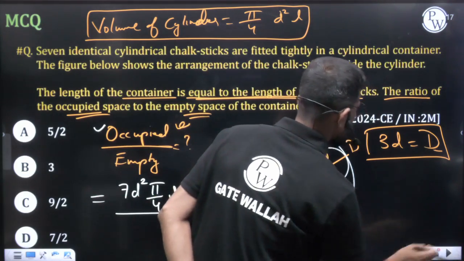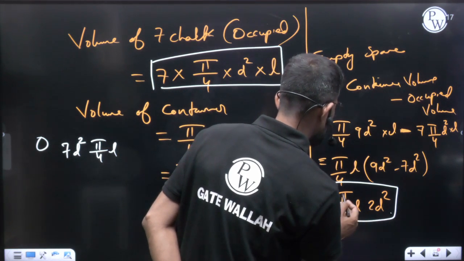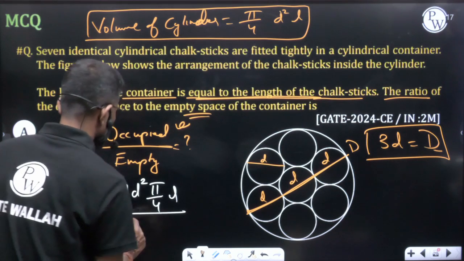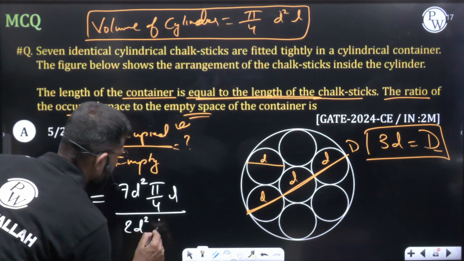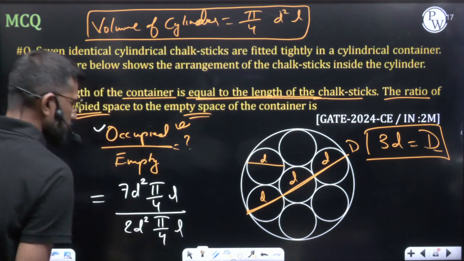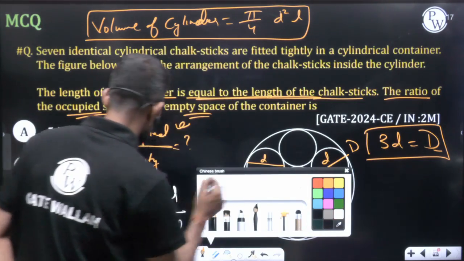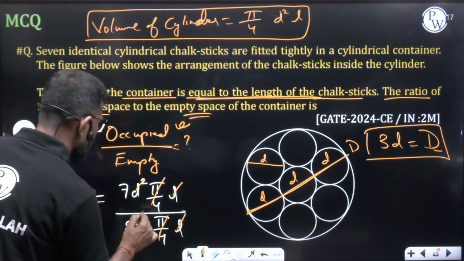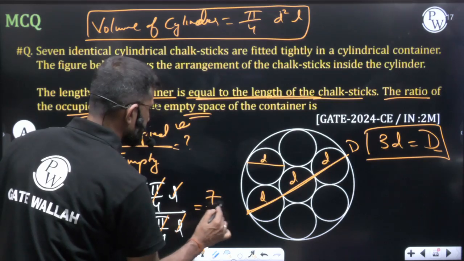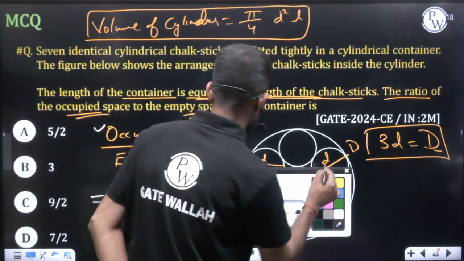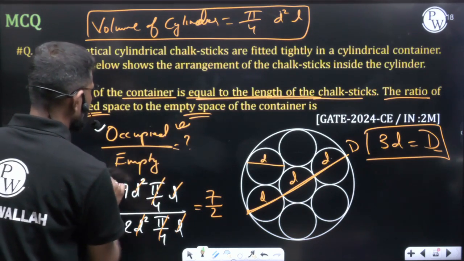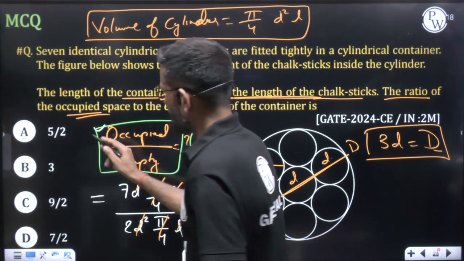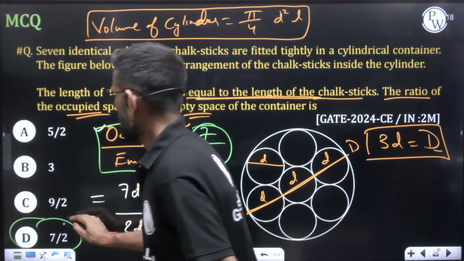Empty we are getting as 2d square pi by 4 L. So here you can see these all get cancelled. Pi by 4 gets cancelled, L gets cancelled, d square gets cancelled. So left over is 7 by 2. So 7 by 2 will be the ratio of occupied to empty space, which is given in option D over here. So this is our answer.